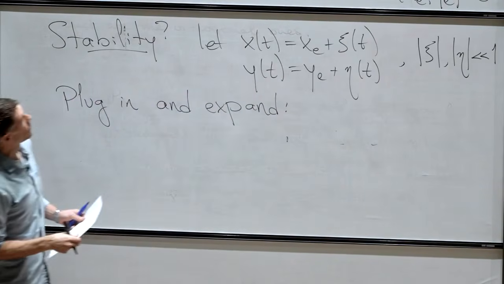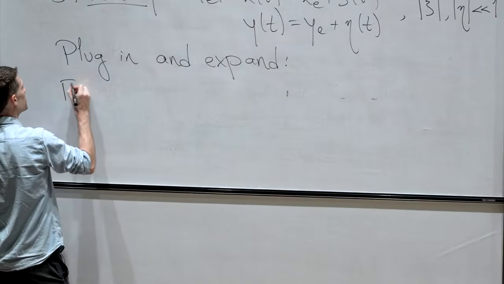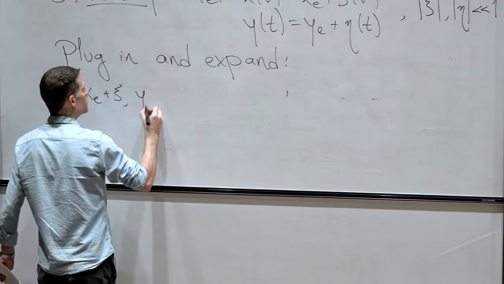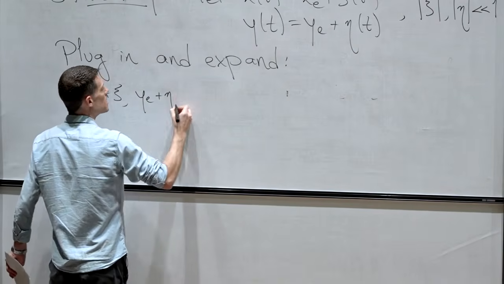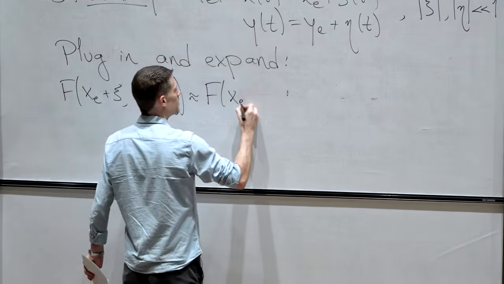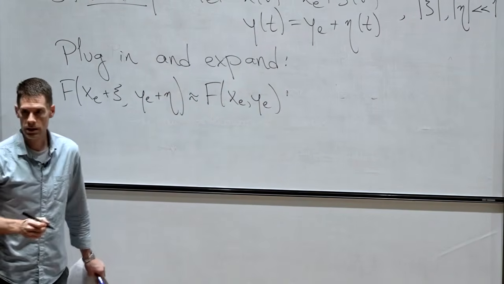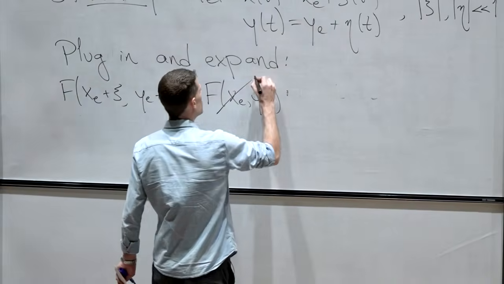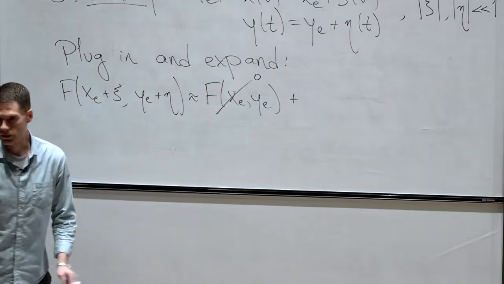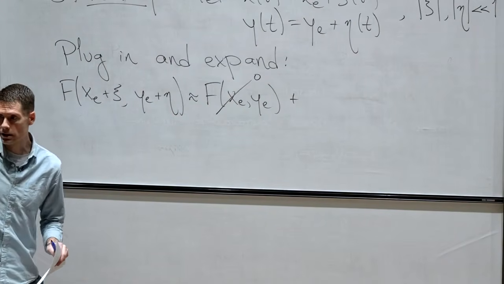This is now a 2-variable Taylor series. So for instance, f of x_e plus psi, y_e plus eta is f of x_e, y_e, which is 0 by construction, plus, looks like a regular Taylor series, but you need to take a derivative on the x times the x perturbation plus a derivative on the y.